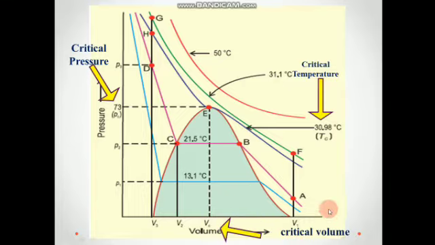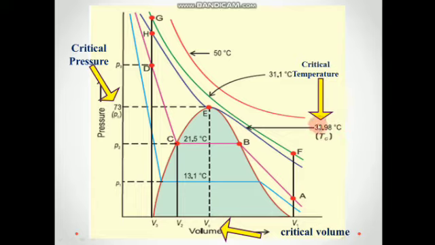So again, what is the temperature where the carbon dioxide is converted to liquid form? That temperature is known as the critical temperature here. This is the maximum temperature at which gaseous carbon dioxide can be converted to liquid.